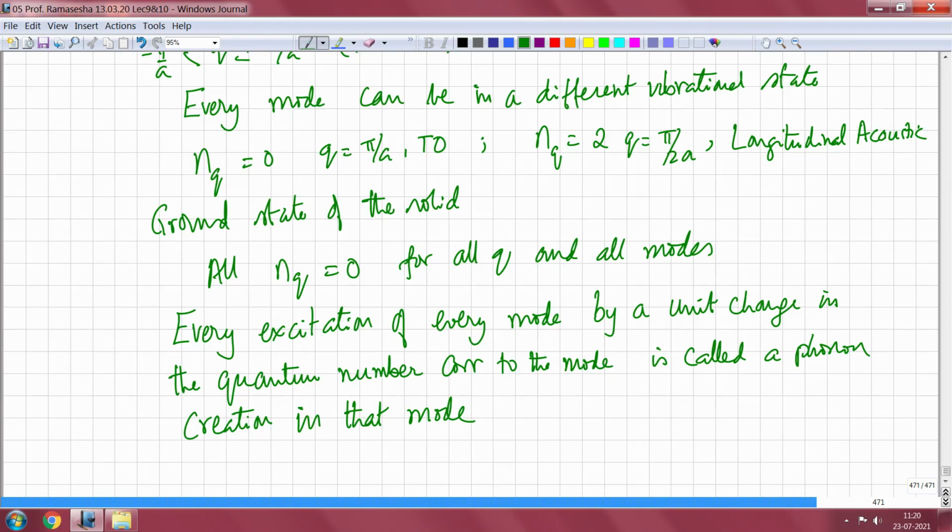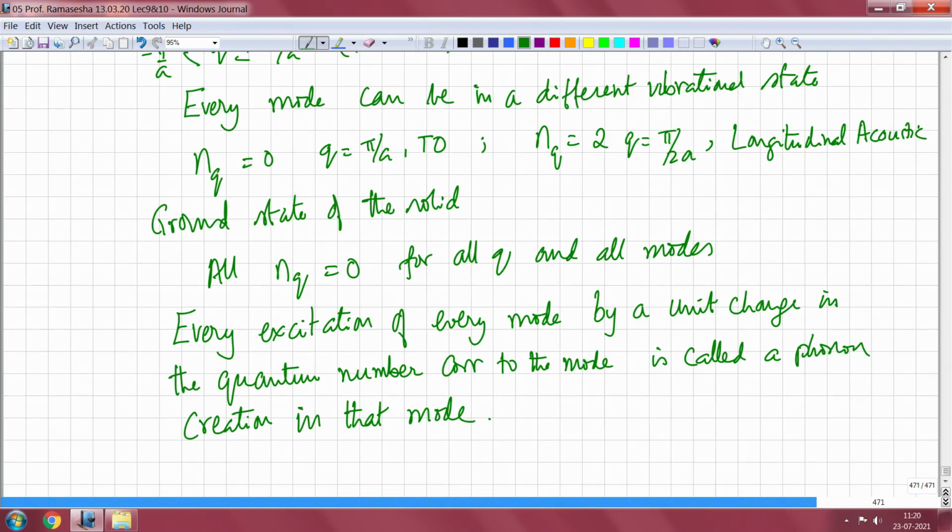because of any process that is occurring, either a spontaneous emission or induced emission, then it can come down from 2 to 1, and then you say that a phonon is destroyed in the q equal to pi by 2a of the longitudinal acoustic mode. Okay.